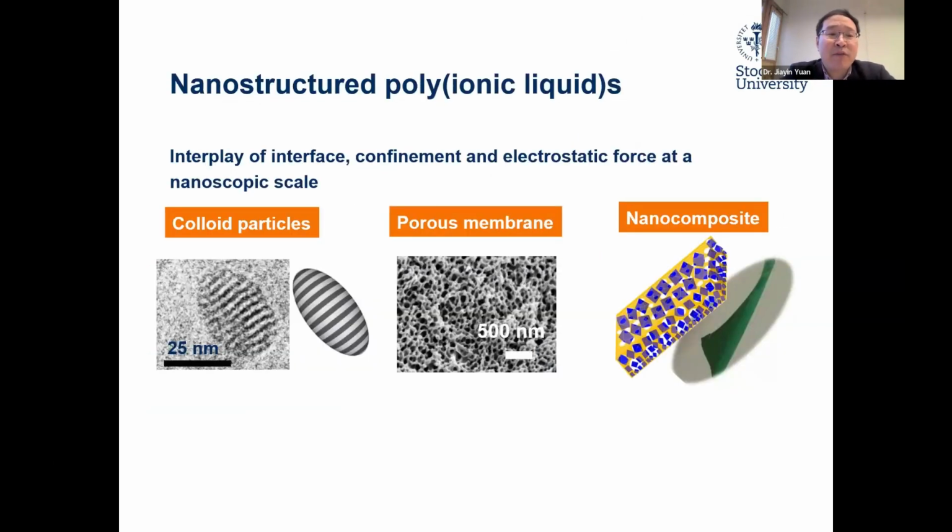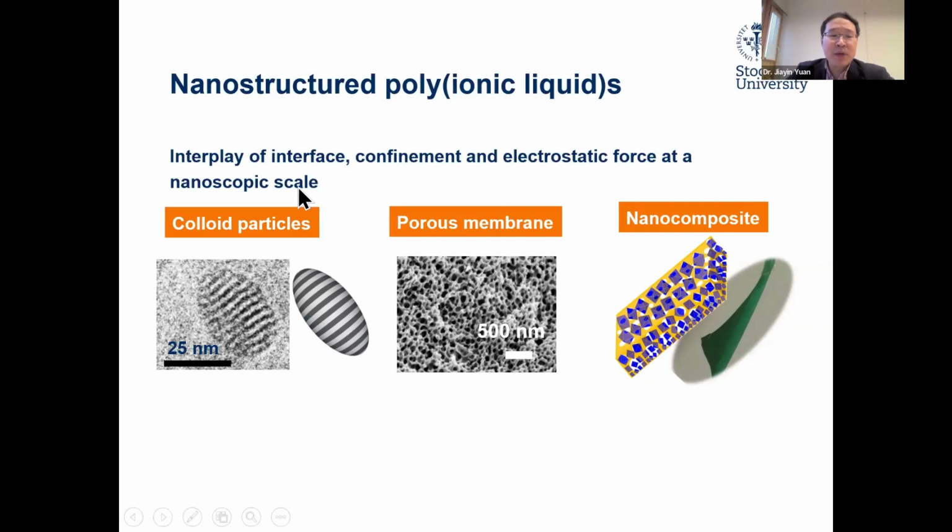Today's lecture will focus on nanostructured polyionic liquids. The reason why we are very fascinated by the nanostructures is simply that it focuses on the interplay of the interface, the confinement, and also the electrostatic forces at the nanoscopic scale in PILs. Three types of nanostructures are our favorite.